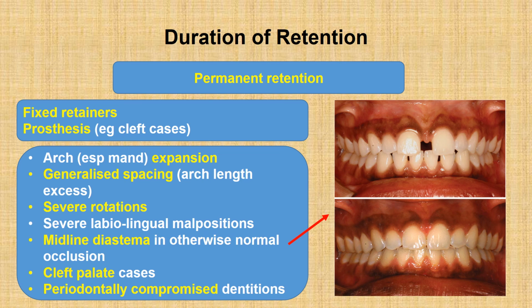Very severe rotations require permanent retention. Severe labiolingual malformations. Now, midline diastema in an otherwise normal occlusion will also require permanent retention once it's closed. Cleft palate cases and periodontally compromised dentitions.